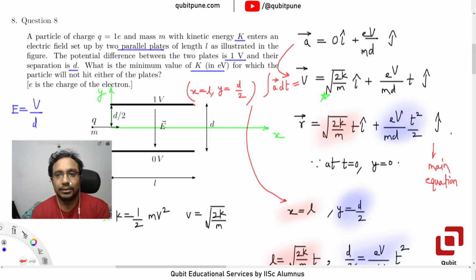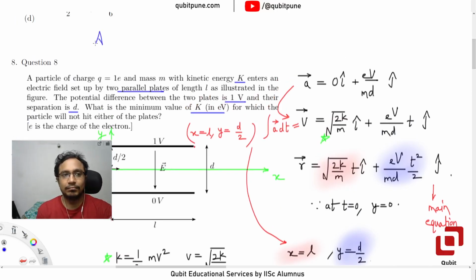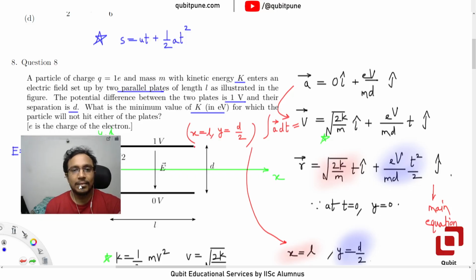So I get D by 2 equals 0 plus half into acceleration, which is E by md into T square. Using this, you solve for T. And then after that, the horizontal velocity it started with, into time, is equal to L. And then from that, you solve for V, and then half mv squared equals K.